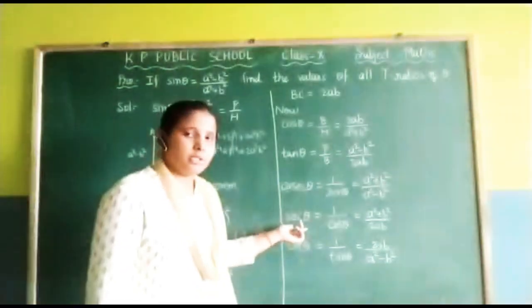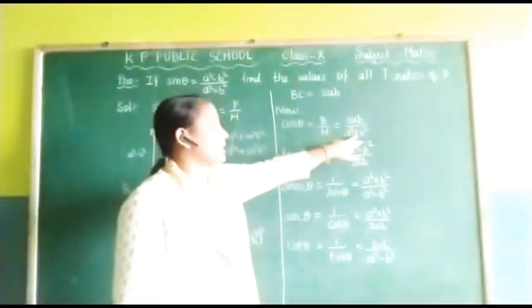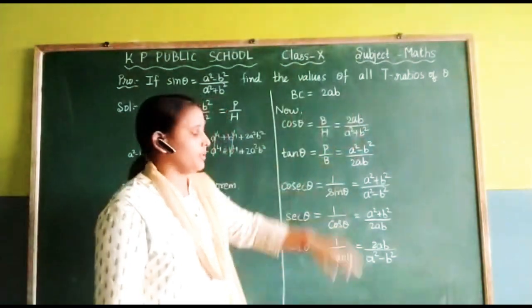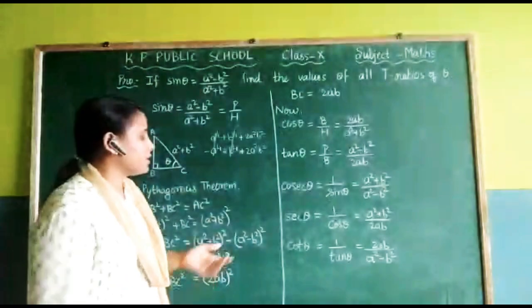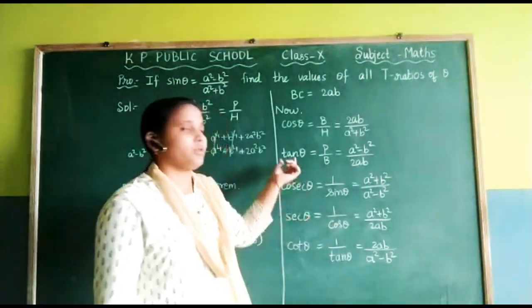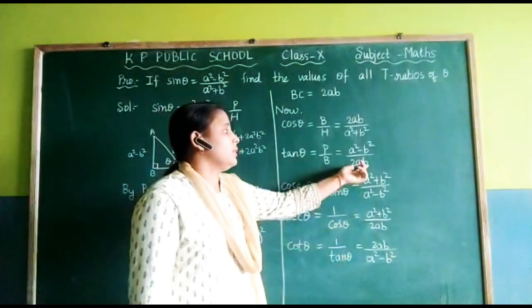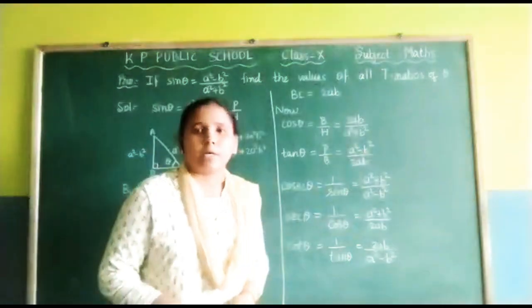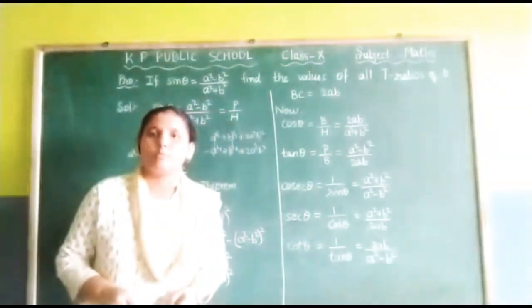Now next one, sec theta. This is the reciprocal of cos theta. So it will become what? A square plus b square upon 2ab. This is the value of sec theta. Next, the last trigonometric ratio is cot theta. It is the reciprocal of tan theta. Its value will become 2ab upon a square minus b square. On this basis, all the other questions you can solve on your own.